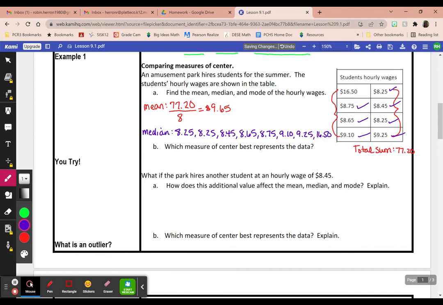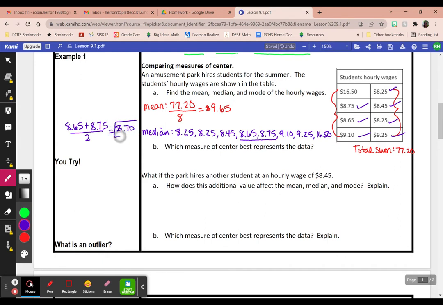Okay, so if we look, the middle, there's 1, 2, 3, 4, 5, 6, 7, 8 values. That means the middle two are 865 and 875. So we would have to add those together and divide by 2. So 865 plus 875 divided by 2 gives us $8.70.